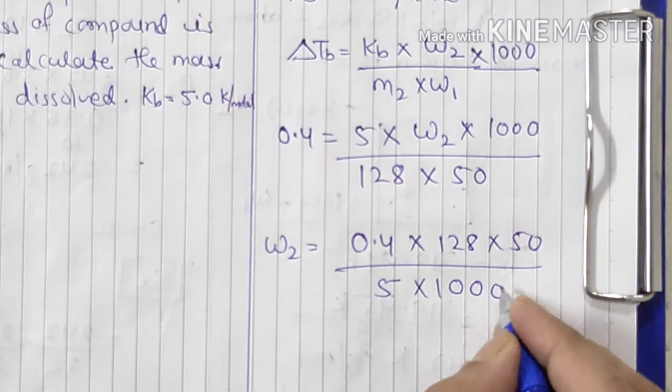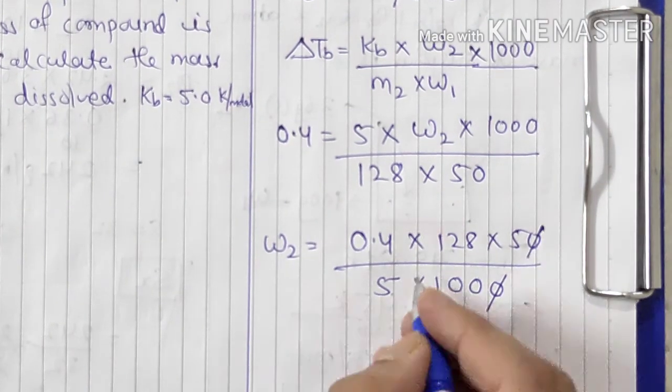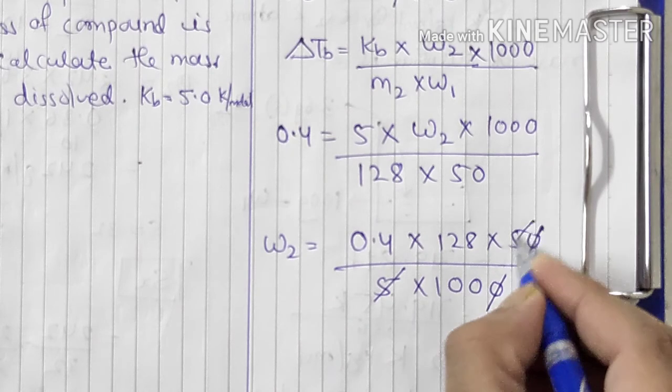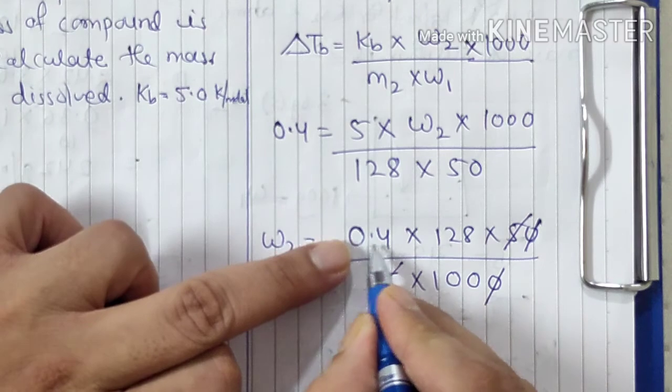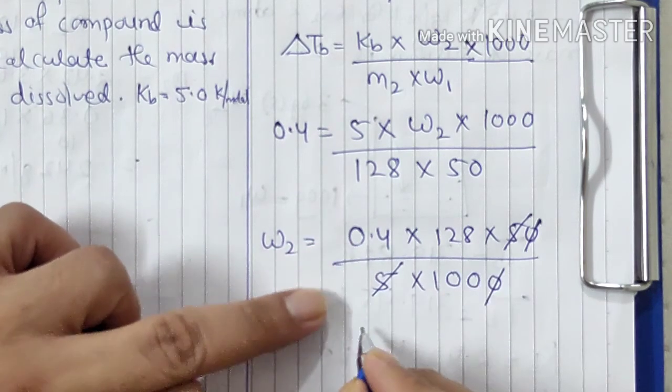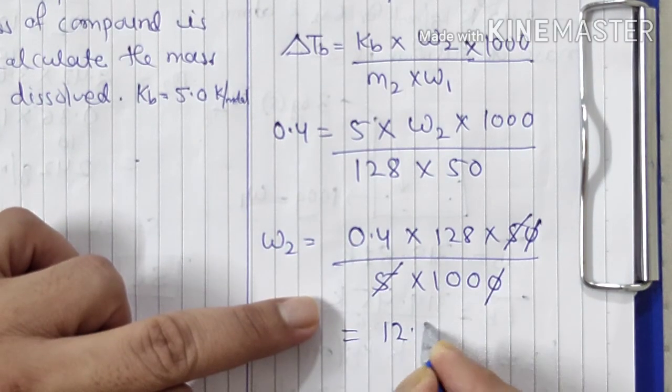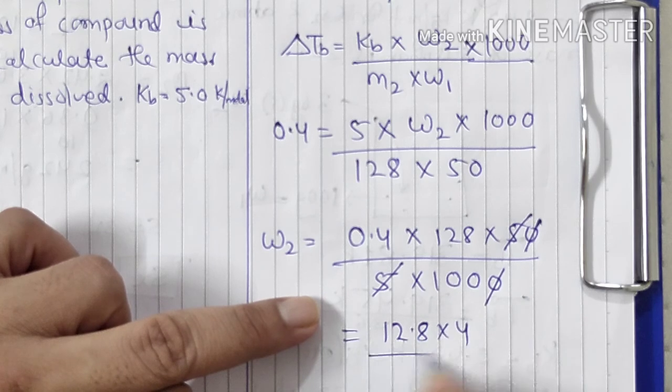Right student? So this 0 0 get cancelled, 5 get cancelled. Right? Now 0.4 and 128, I can write this as 12.8 into 4 divided by 100. Right?